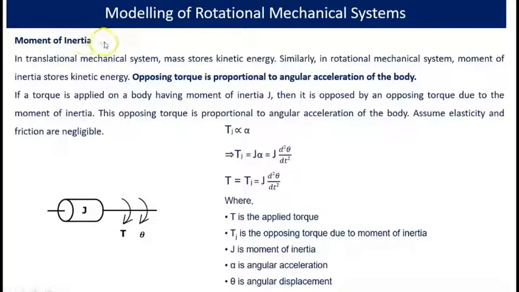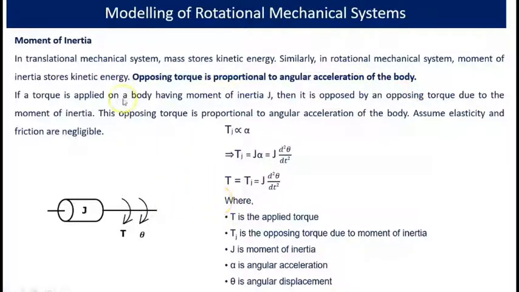First, we can see the moment of inertia. In translational mechanical system, mass stores kinetic energy. Similarly, in this case, the moment of inertia stores kinetic energy. This opposing torque is proportional to the angular acceleration of the body.